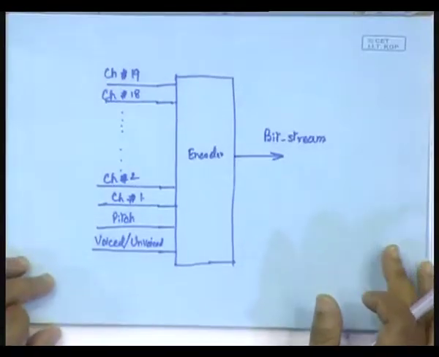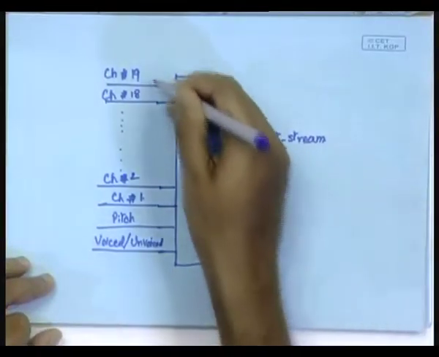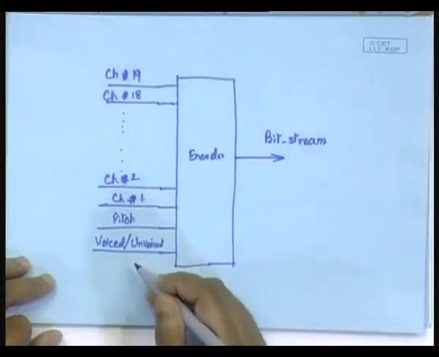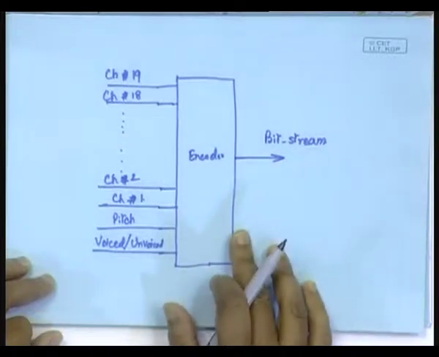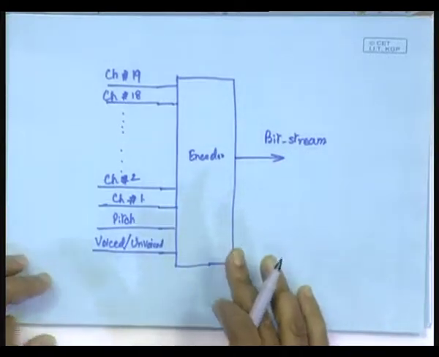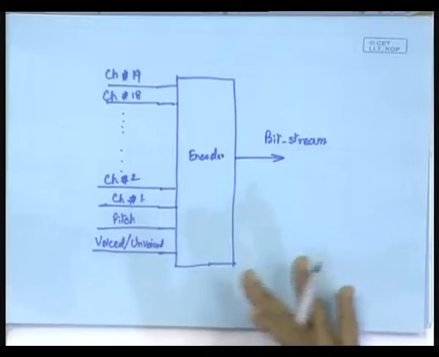and for the proper synthesis of speech, what we have to do is to extract all these individual items out of the bit stream that is generated from the encoder. I mean, we are talking of what the decoder is going to do.